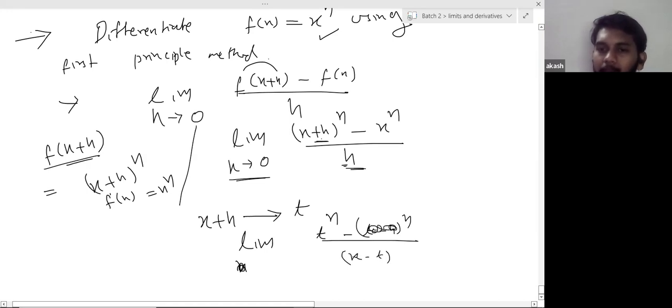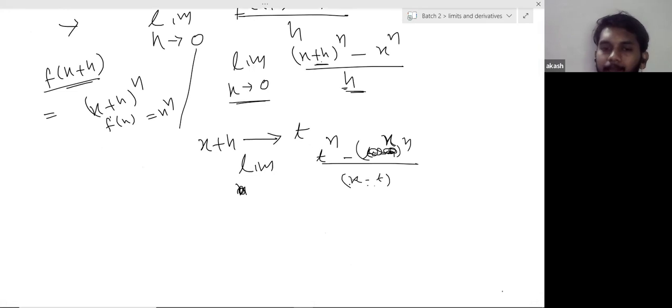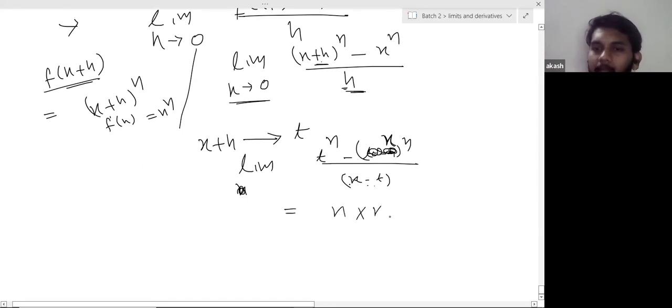Or don't change this one, just write it as x raised to the power n, and this is t minus x. All right, now you can change that to the standard limit, apply the formula, right, Rahman? Is this clear what I did here? First principle. All right, so this way you can calculate. So the formula will be n into x raised to the power n minus 1.